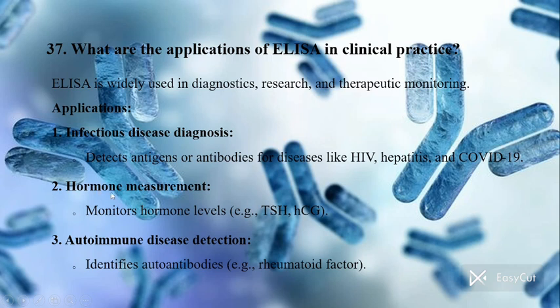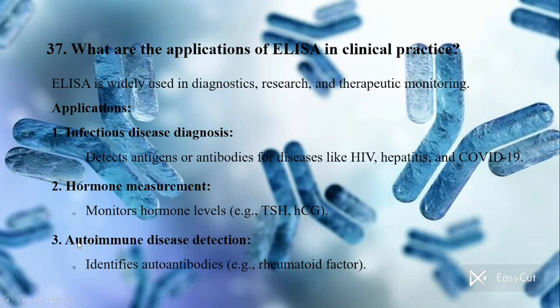The next application is hormone measurement. ELISA is used for monitoring hormone levels such as TSH and HCG, where TSH stands for thyroid stimulating hormone, and HCG stands for human chorionic gonadotropin hormone.